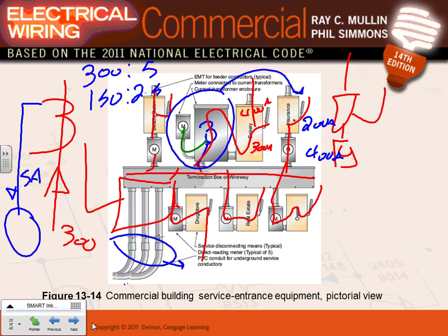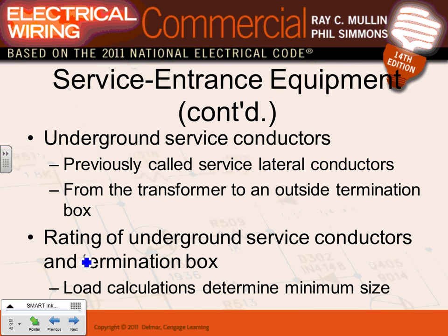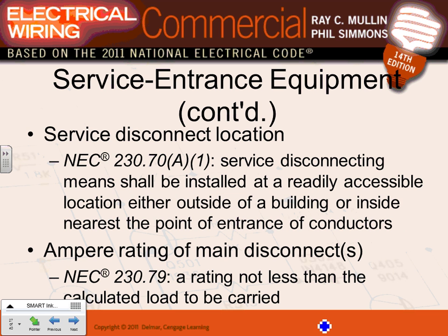Okay, all right, so that's a couple of calculations here. Service entrance conductor, we talked about these, guys. Underground service conductors in the termination box. Service disconnect means, we say the service disconnect means has to be the first equipment the conductors will land in. Amp rating, basically what they do is either a fuse disconnect like this, or a circuit breaker.